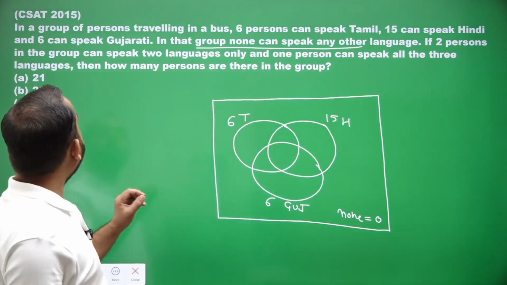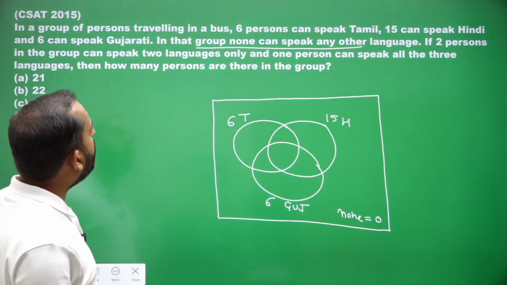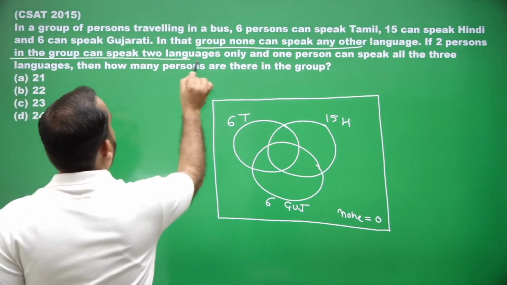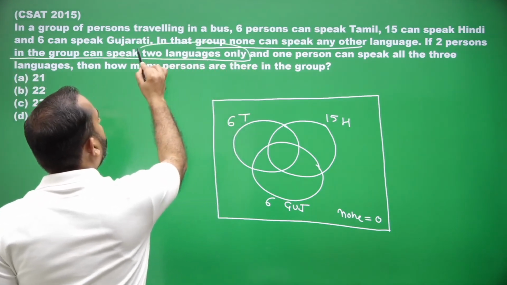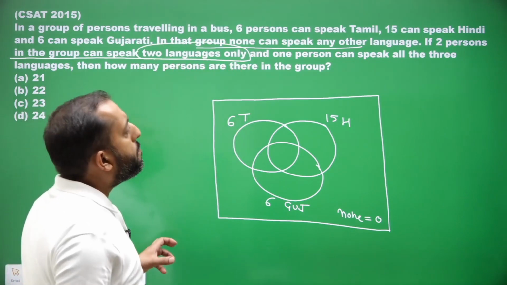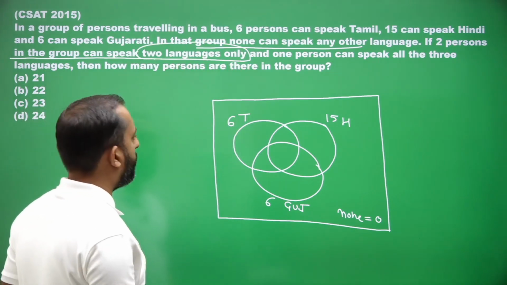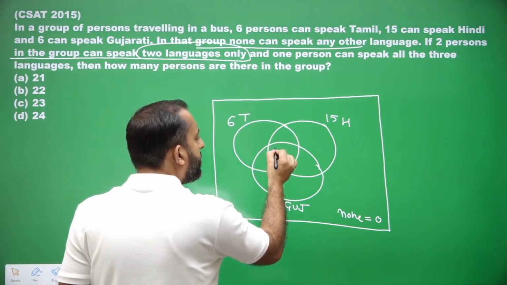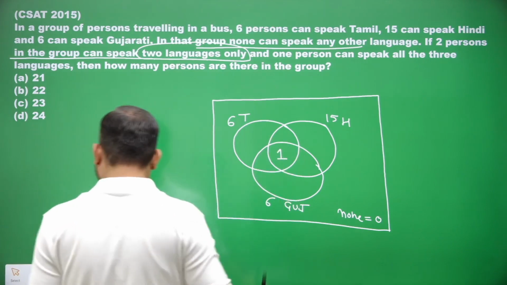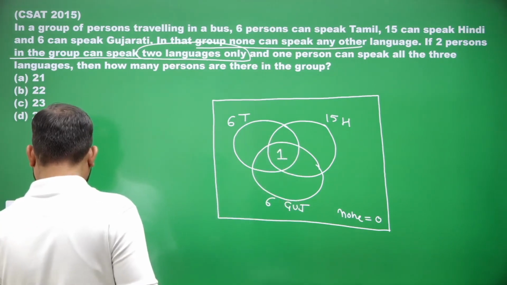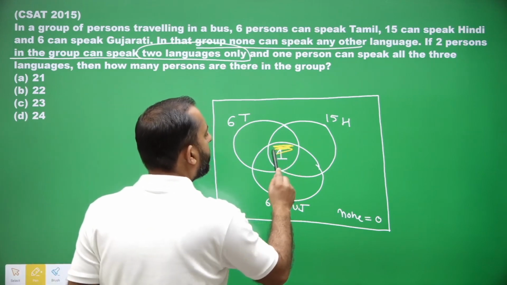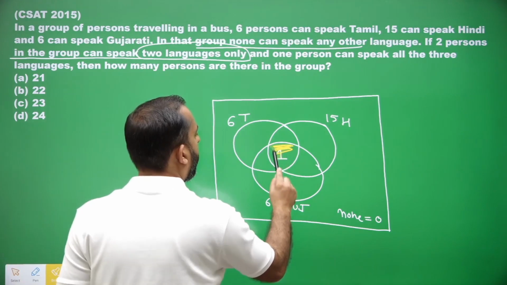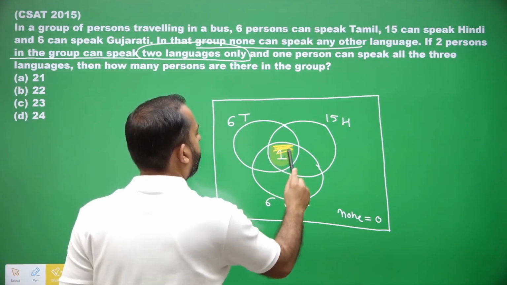If 2 persons in the group can speak 2 languages only, and 1 person can speak all the 3 languages. So the value of this region which falls under all these 3 circles, the central region, is 1.